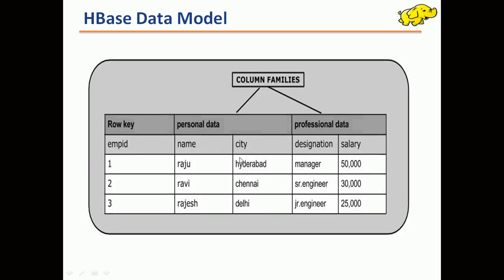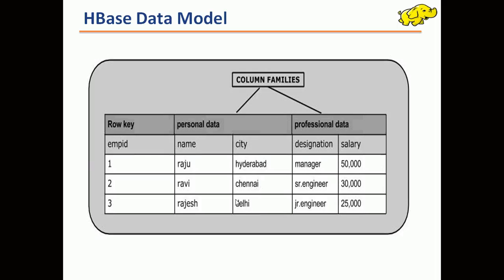To identify this cell, which holds the value Hyderabad, I have to provide a row key which is 1, the column family, personal data, and the qualifier. The column in HBase we call a column qualifier. So what I have to provide is the row key, the column family, the column qualifier and the timestamp.